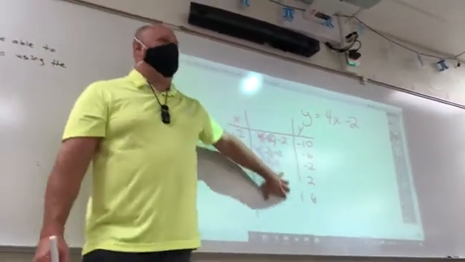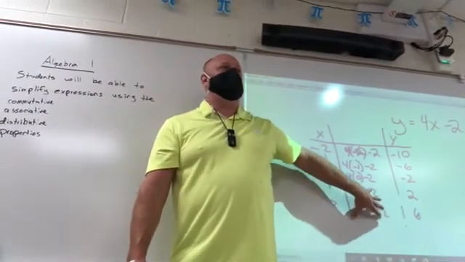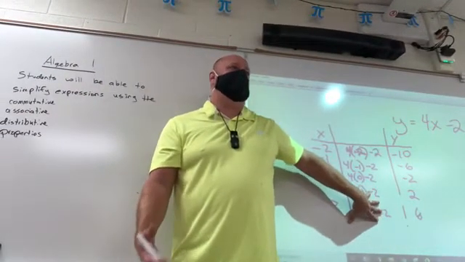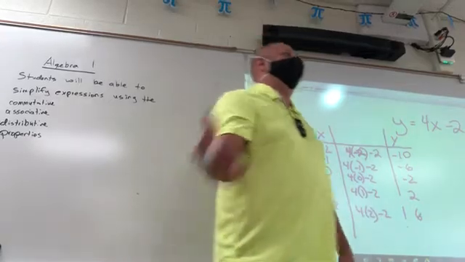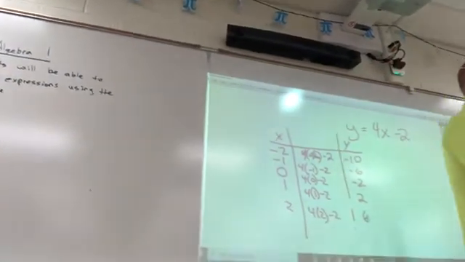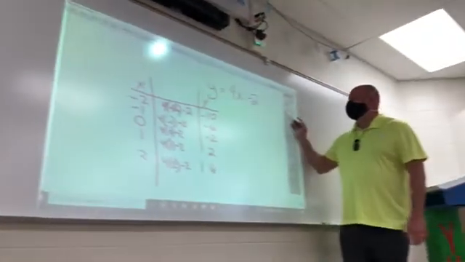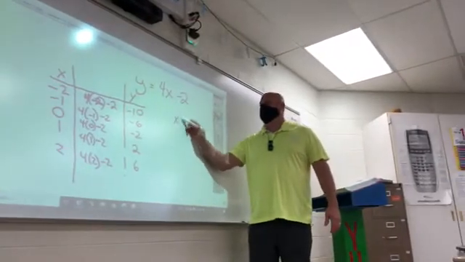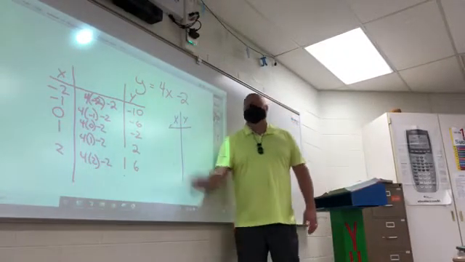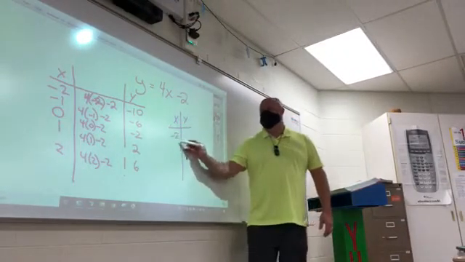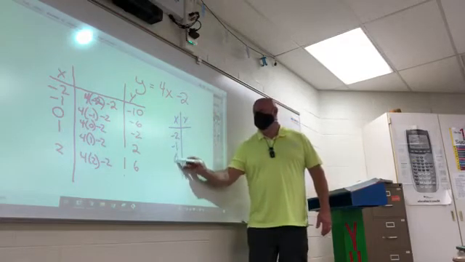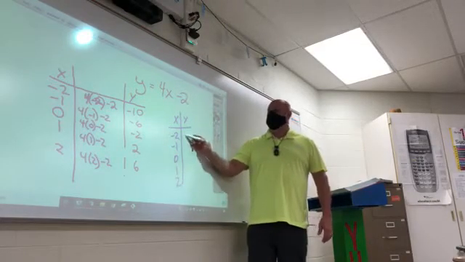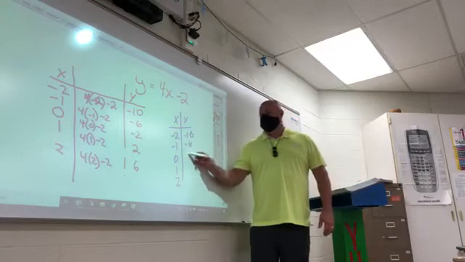Is this middle part really technically necessary? No. A lot of people, as you move on in math, as you move forward in higher level, most people end up just writing their plotting points like this, and they just do negative 2, negative 1, 0, 1, and 2, and then it ends up looking like this.